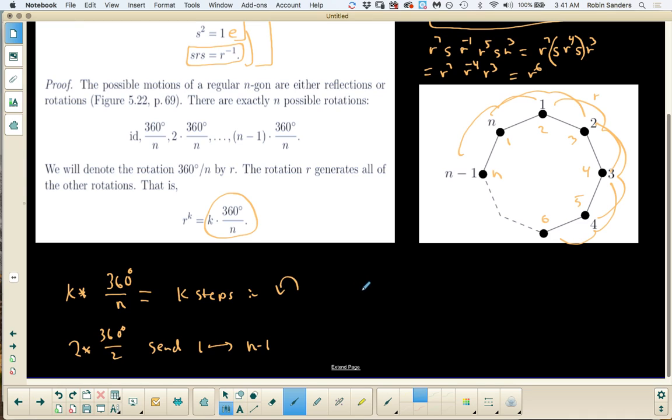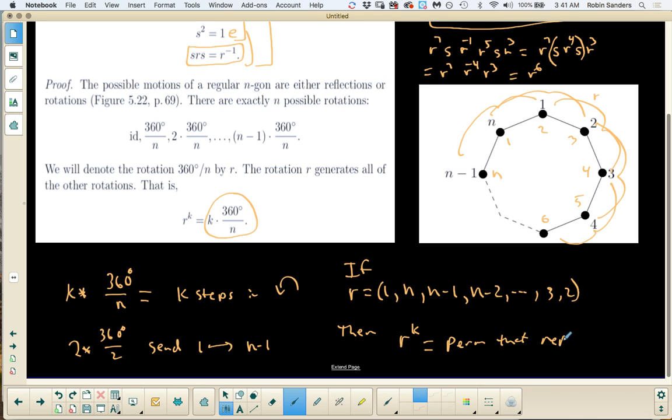And it turns out, and it's very easy to see this, and we actually did this in the last video, that if R is equal to 1 goes to n minus 1, goes to n minus 2, goes to 3, goes to 2, and goes back, if we set R equal to that, then it's very easy to see that R to the k is indeed the permutation that represents k steps in the counterclockwise direction.